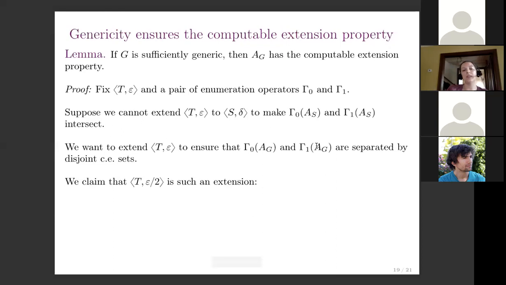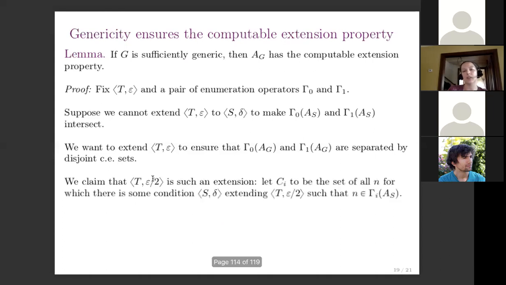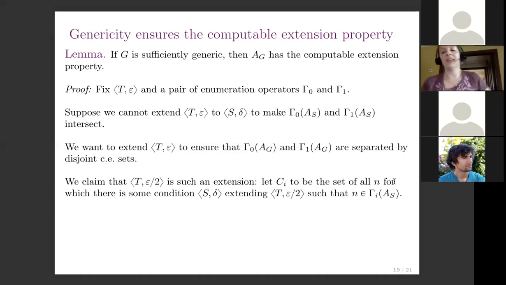Well, it turns out that just halving the epsilon is exactly such an extension, because if you let C0 and C1 be the corresponding sets of all n's such that some condition extending this new one, T with half of the epsilon, puts n in the corresponding gamma 0 relative to A_S or gamma 1 relative to A_S.